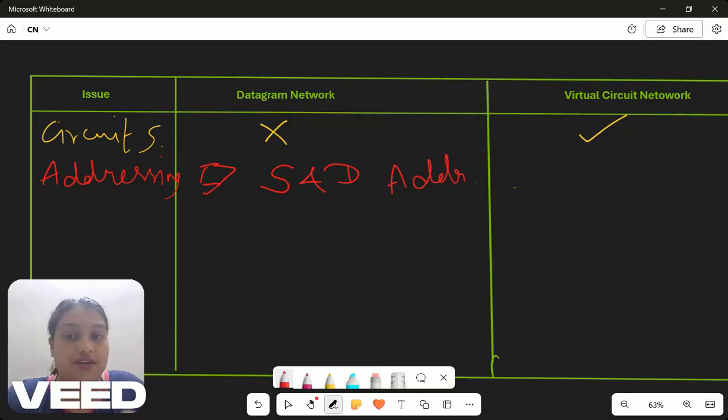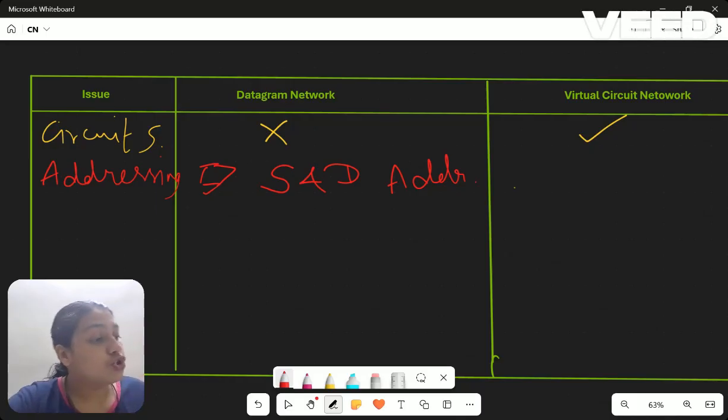I don't have time to write out the packet. Then we have source and destination address. So each packet will contain the full source and destination address in datagram network. But in virtual circuit network, the packet will only contain a VC number, the virtual circuit number. The packet will only contain that.